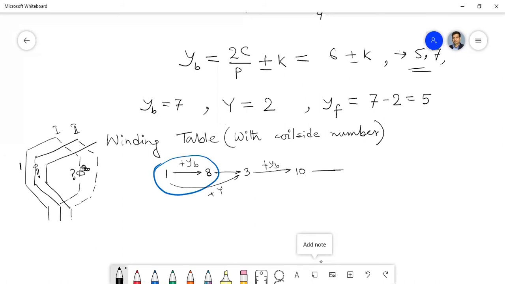Amisha Parveen. Yes, sir. Can you tell me the next two coil sides? 5 and 5 plus 7, 12. Correct.